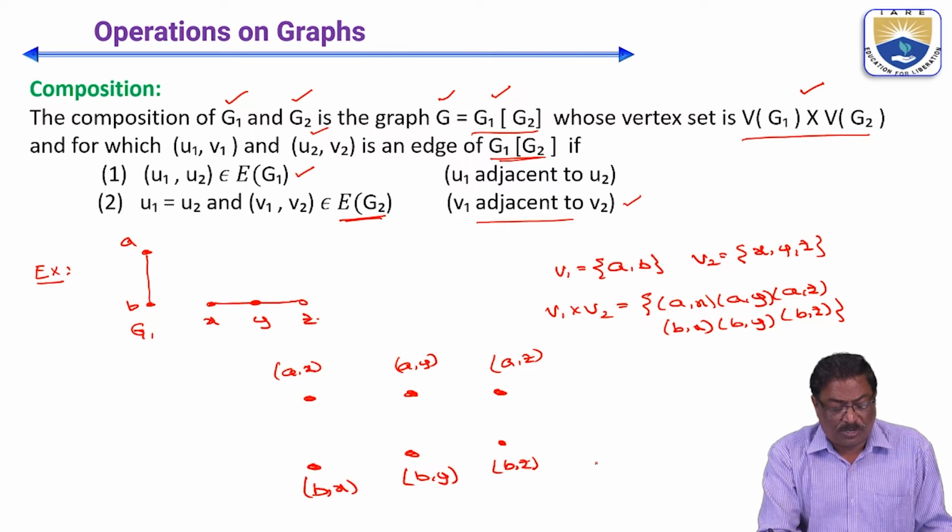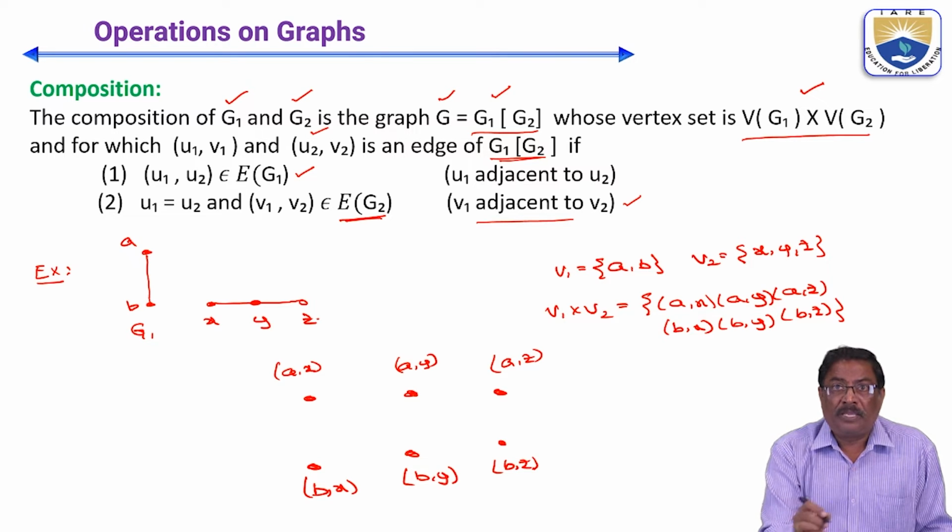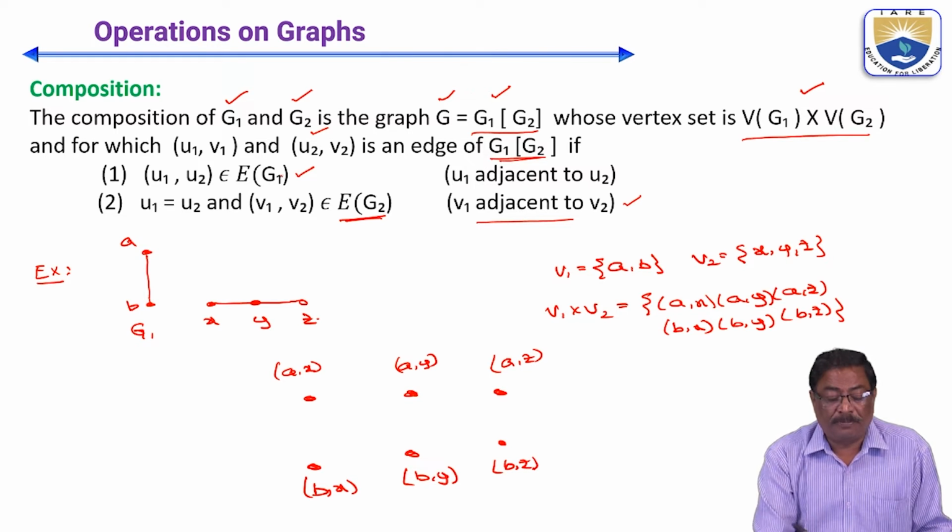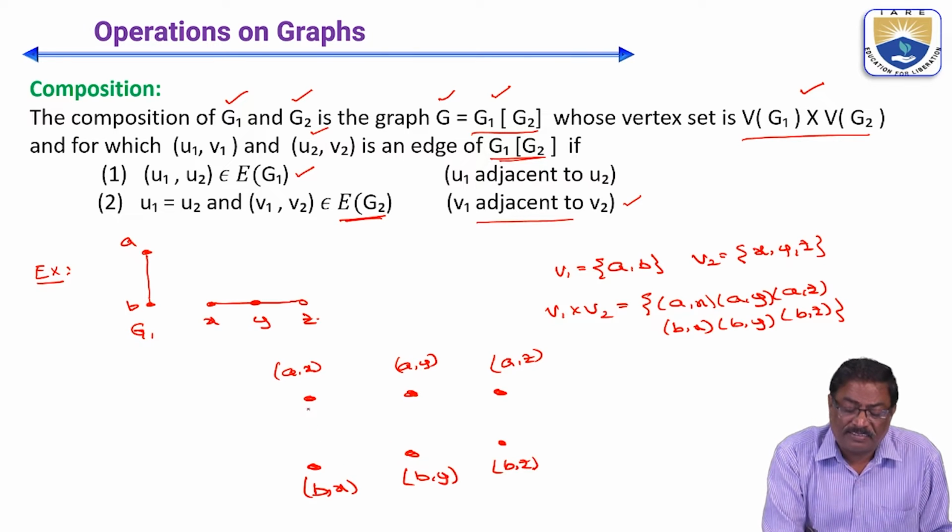Now let us consider what the edges are. First, U1 is adjacent to U2, that means edges in G1, that is A is adjacent to B, so I am going to connect this.